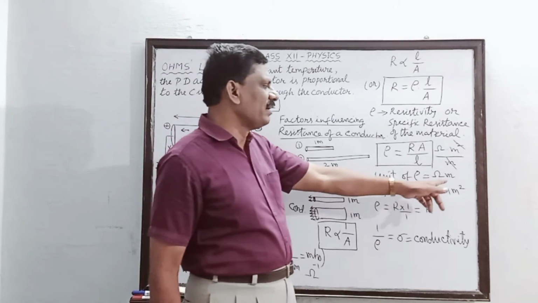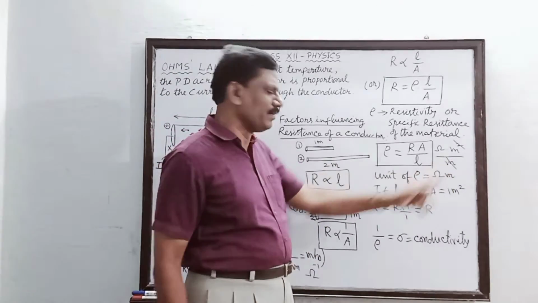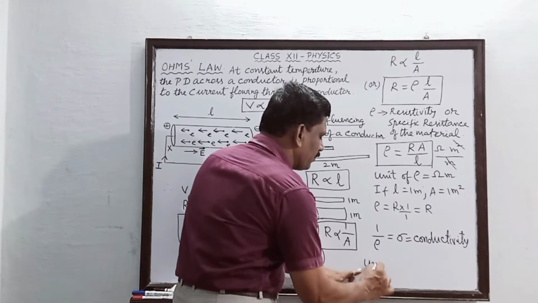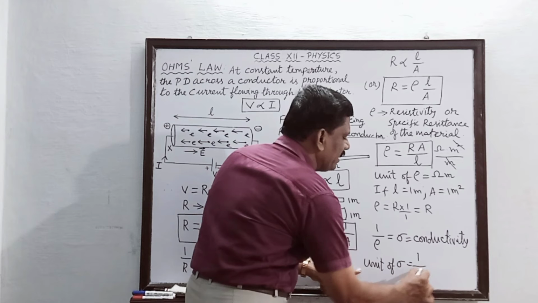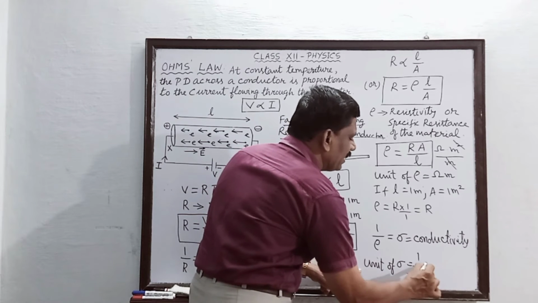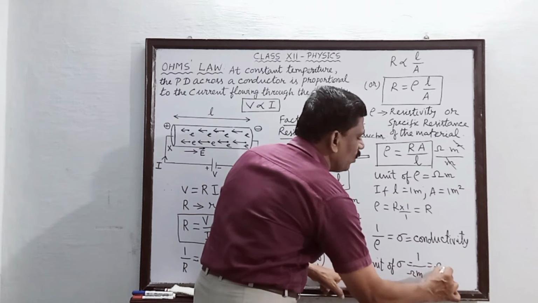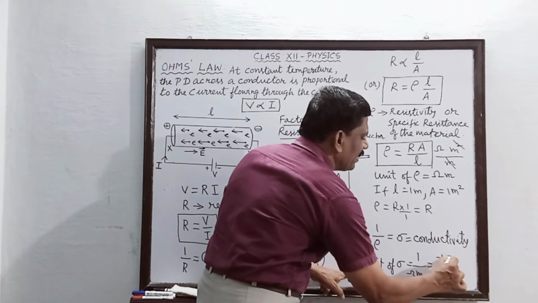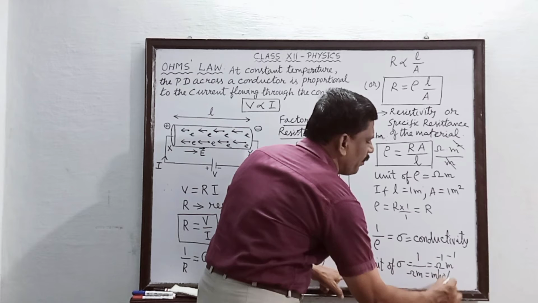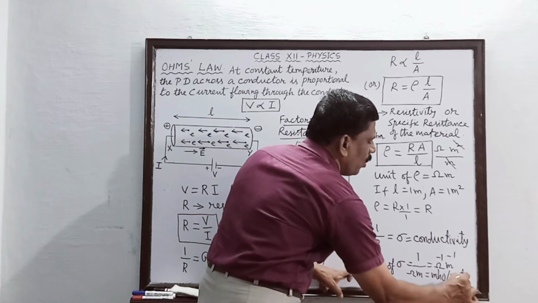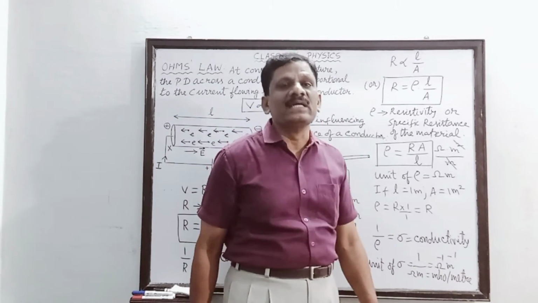And if the unit of resistivity is ohm meter, then the unit of sigma must be equal to 1 divided by ohm meter, which is ohm power minus 1, meter power minus 1, and this is also called mho per meter.